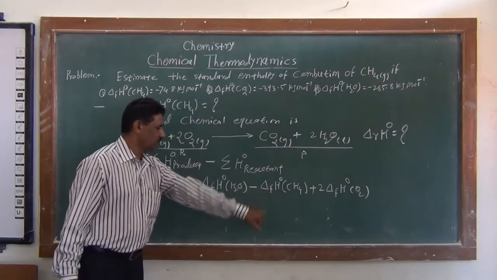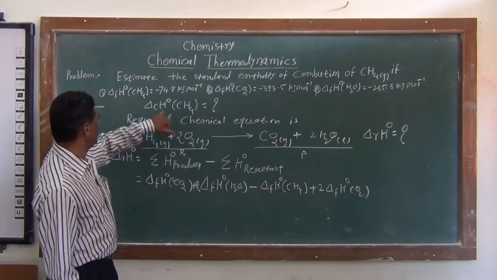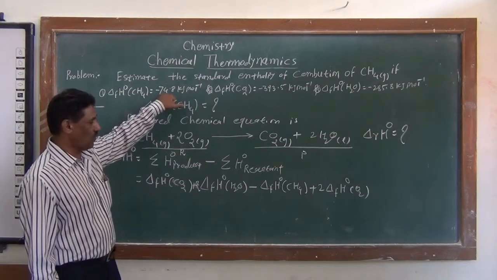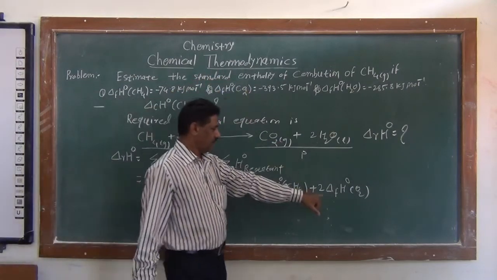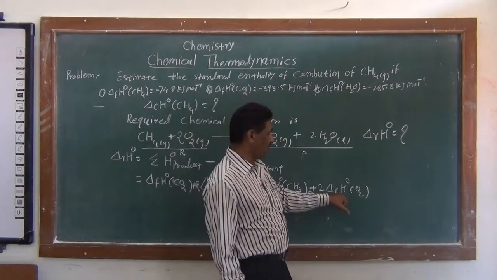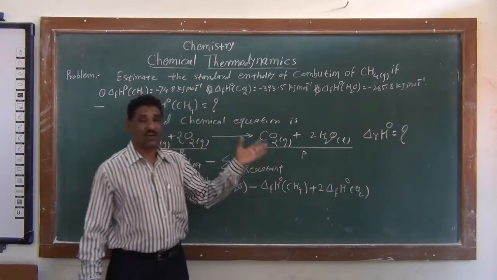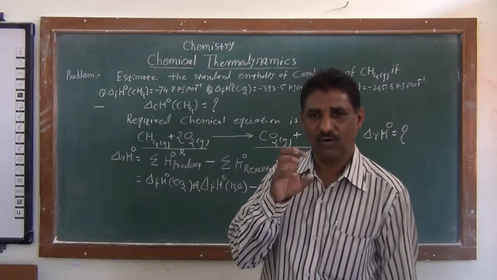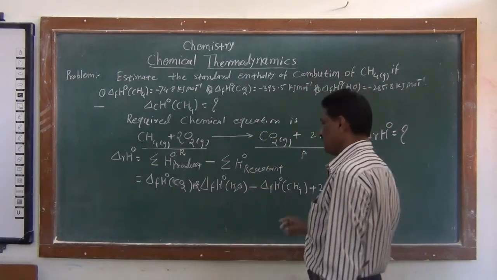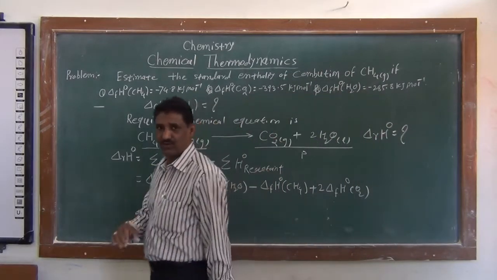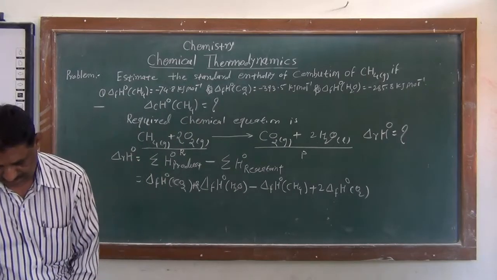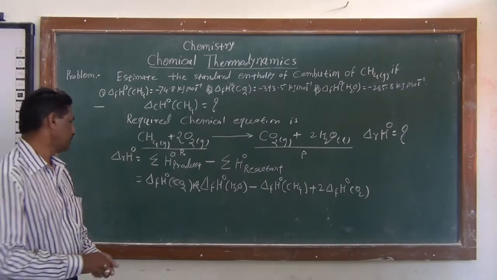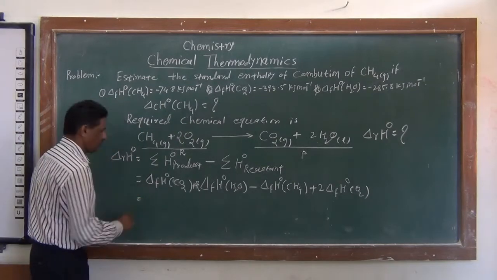Then minus the enthalpy of formation of methane, which is minus 74.8. And here the standard enthalpy of formation of oxygen is not given. That time we take the value of oxygen as 0. We substitute these values in this equation.